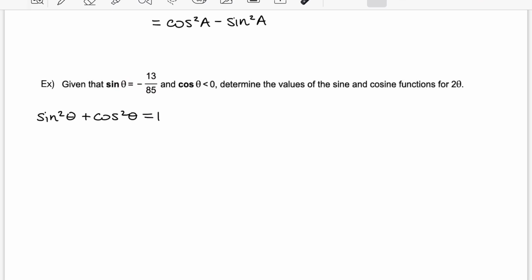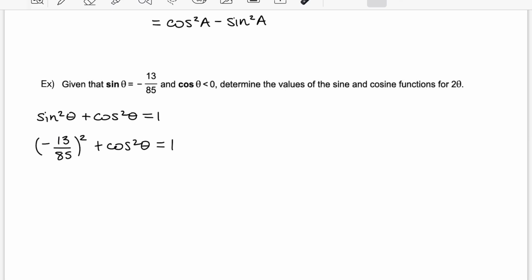Since sine theta is equal to this here, sine squared theta is going to be equal to this squared. So we have negative 13 over 85 squared plus cosine squared theta is equal to 1. Now this is going to be positive since we're squaring it. 13 squared is going to be 169, and 85 squared is going to be 7,225.